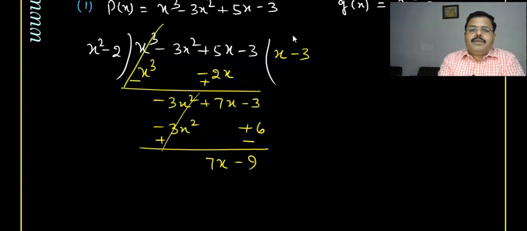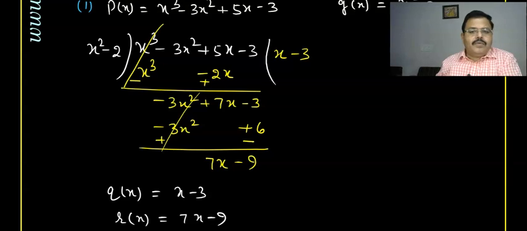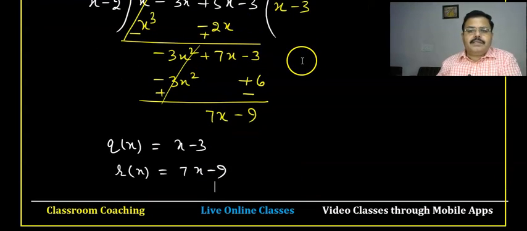Since the degree of the divisor is 2 and this is degree 1, it can be considered as the remainder. So in this case the quotient is x minus 3, and the remainder is 7x minus 9. I hope you got it, right?